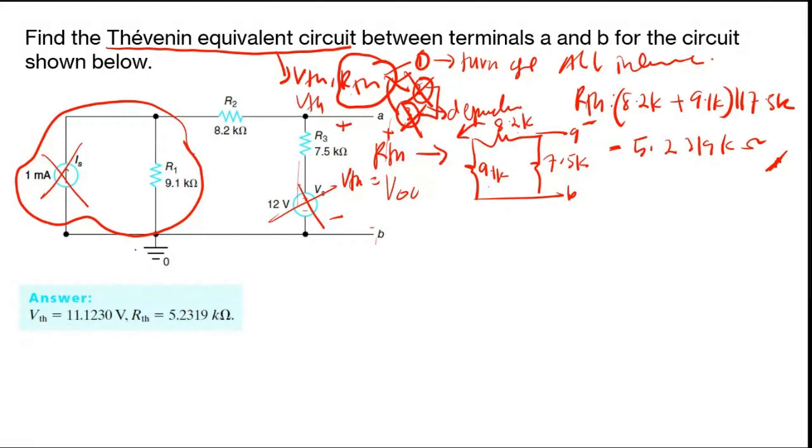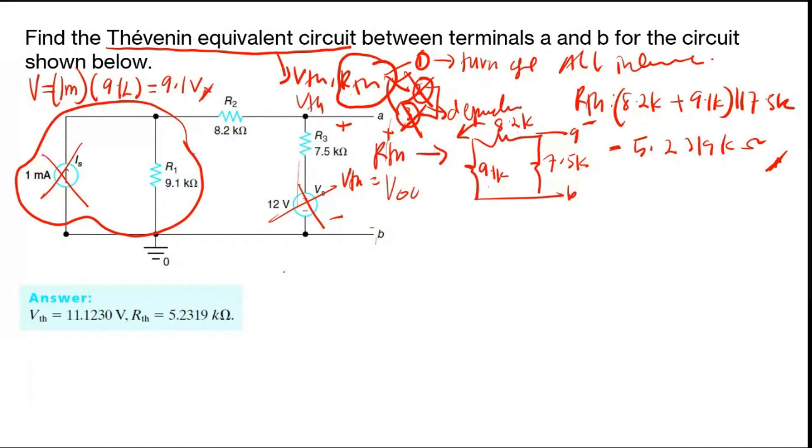this part of the circuit into a voltage source, where you calculate V as 1 milli times 9.1K here. So here you will have your voltage equal to 9.1 volts.